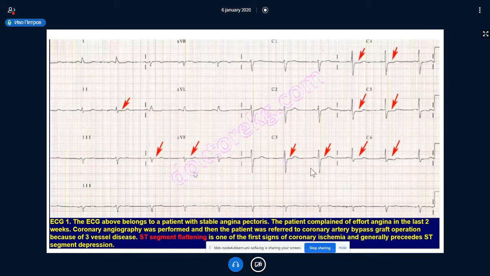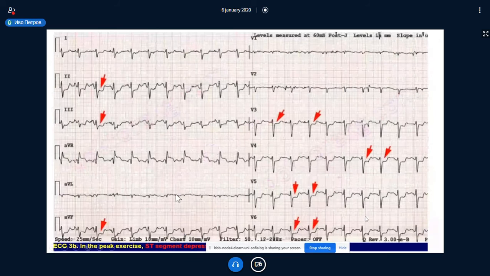This is the so-called inferolateral, because second, third, AVF are inferior leads. C4, C5, C6 are lateral leads. So this is the inferolateral ischemia during the exercising of this particular patient.